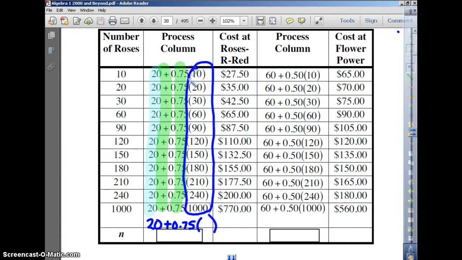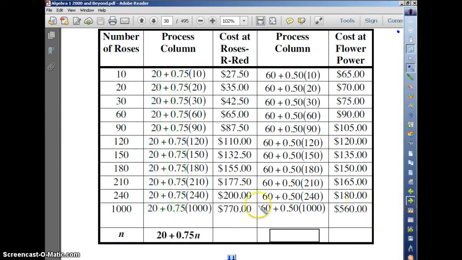That is this column here, and we're going to represent the number of roses by the letter what? Yeah, n. So that's what goes here. So our expression for the cost for any number of roses is going to be 20 plus 0.75n, where n represents the number of roses that you purchase.